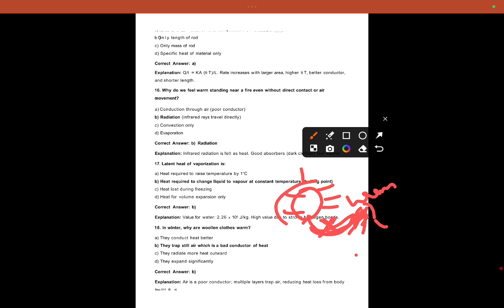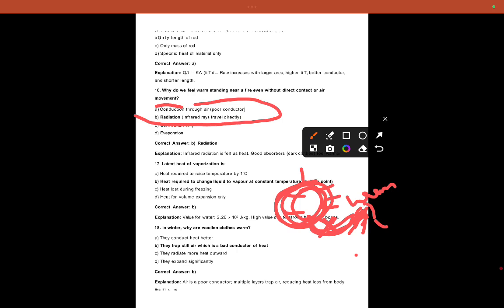This heat radiation directly reaches your body. That is infrared rays travelling, which we call radiation. So infrared radiation is felt as heat.